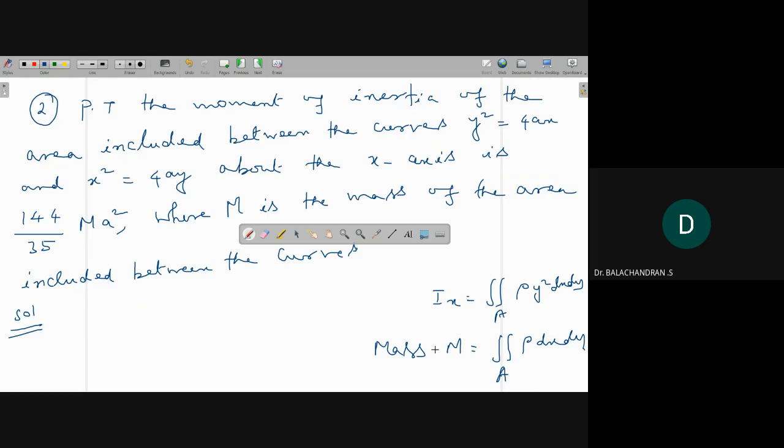From this find M in terms of rho, and then finally rho in terms of M. Substitute rho in terms of M here, and then find the final answer. So this is the idea. So first now I am going to find the mass.